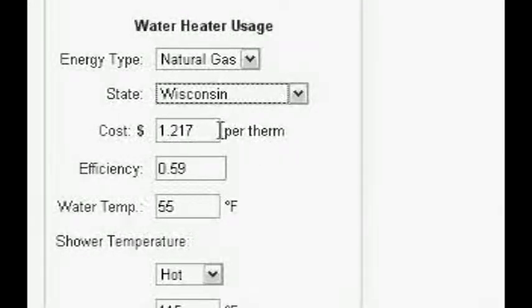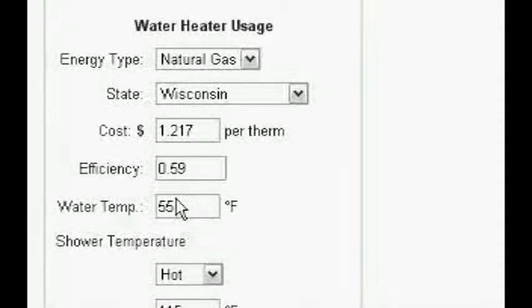I'm assuming this is figured on 2 of the 3 items that compose the per therm cost for natural gas. The one that this doesn't consider is the PGA, which is, I believe, the purchased gas adjustment, and that figure goes up and down pretty significantly and really can't be assumed. So that's something which isn't considered here, and that's something that might be a little rough to consider anyways.